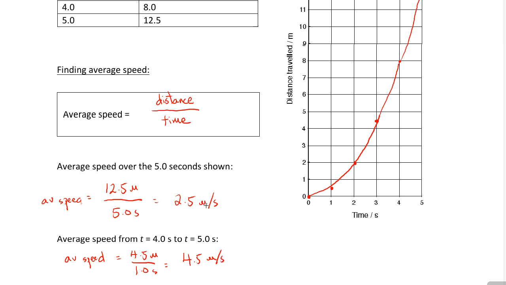So you can see that his average speed over the whole 5 seconds and his average speed on this shorter time interval are not the same. And if you take a look at the graph, you can see that he's speeding up. So it makes sense that his average speed on the later time interval is faster than on the earlier time interval.